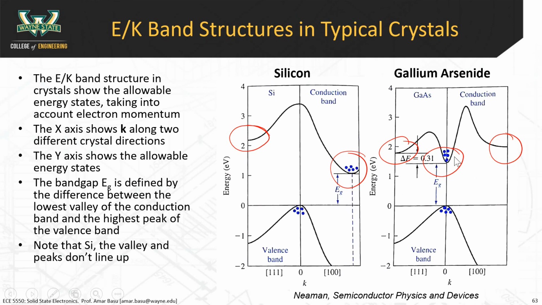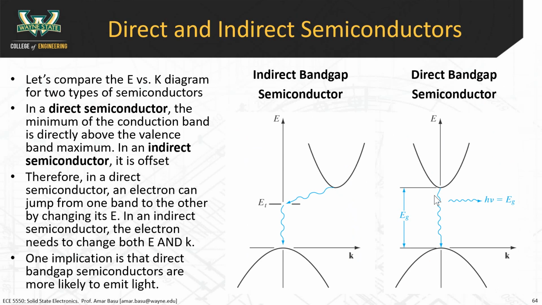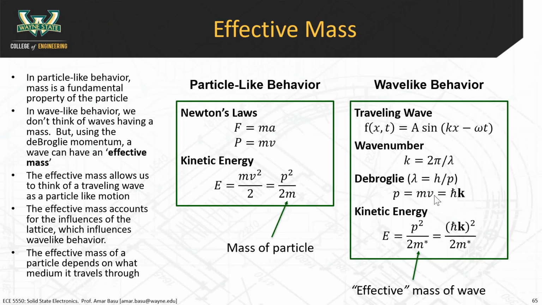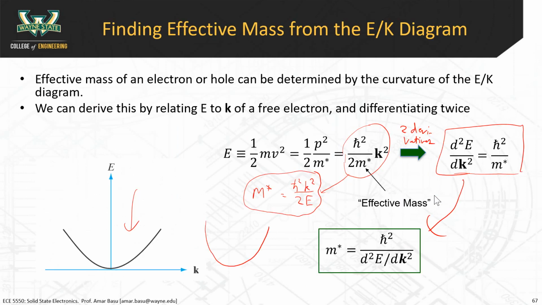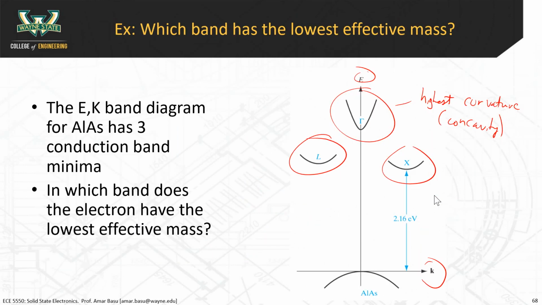Notice that if you compare it with gallium arsenide, it has a much higher curvature. So the electrons have a faster mobility in gallium arsenide. If you look at an E versus k diagram, you should be able to tell me which material is faster, which is going to be better for high-speed electronics, for example.